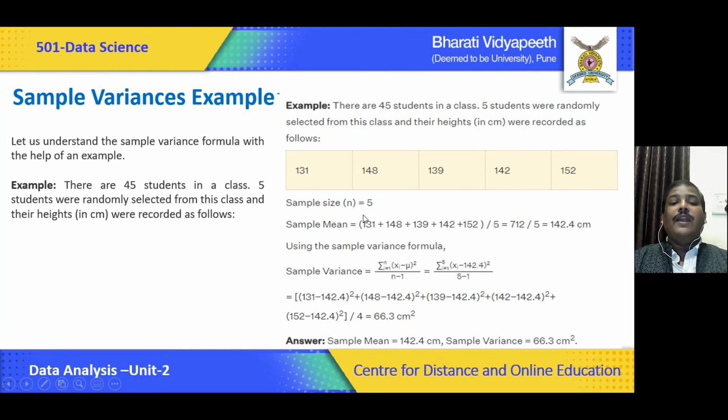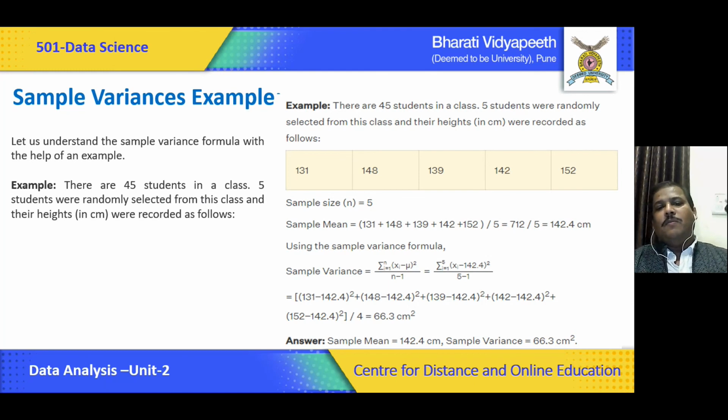So whatever the calculated value will be for this 5, that is the sample mean, that can infer to the complete 45 students. To some extent there are drawbacks and limitations, but statistics gives you sufficiently approximate info about the complete population.